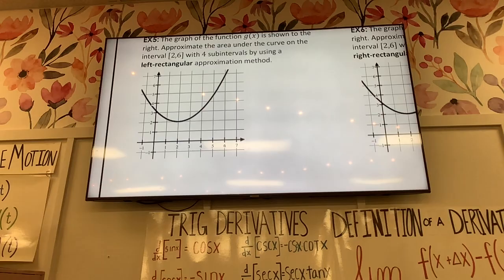All right, so we're going from 2 to 6, and the 4 subintervals is talking about the number of rectangles.